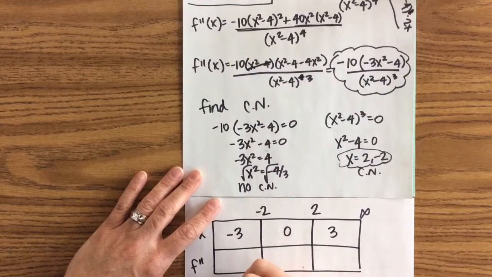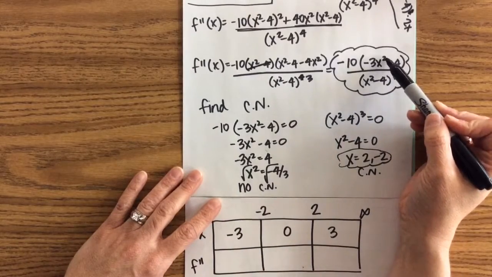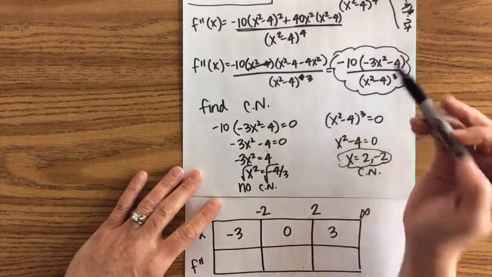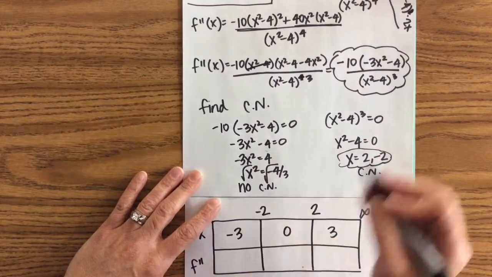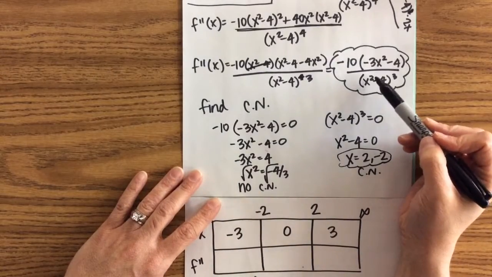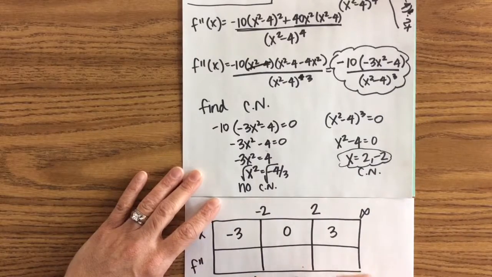So it looks like the top would be -10 times -3 squared, which is 9. 9 times -3 would be -27, and -4. The bottom would be -3 squared, 9, minus 4 would be 5 cubed.